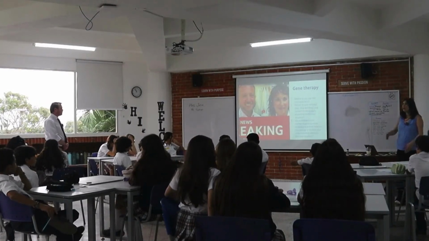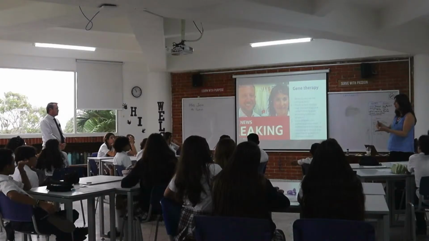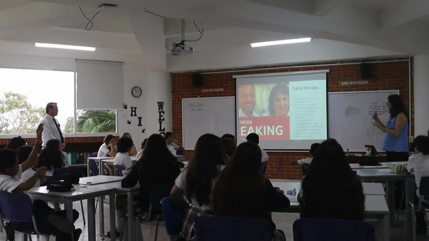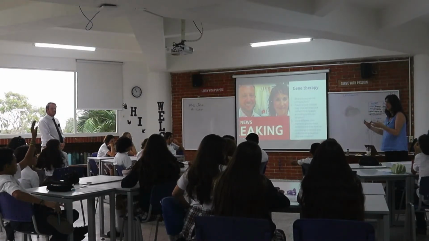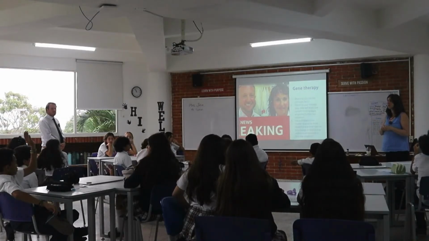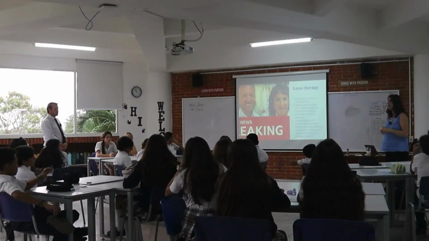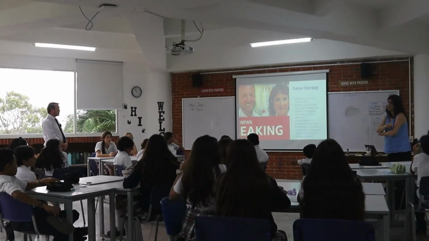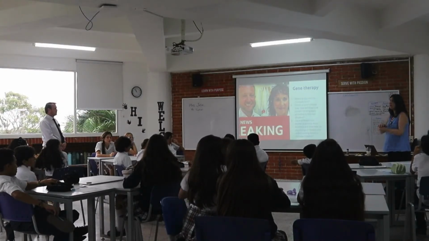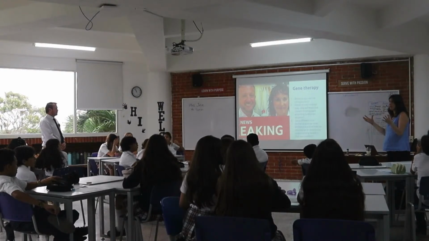So because of this medical advance, we can slow down this disease by 75%, which is unbelievable. It's called Huntington's disease, and it's a mixture of some very serious symptoms.